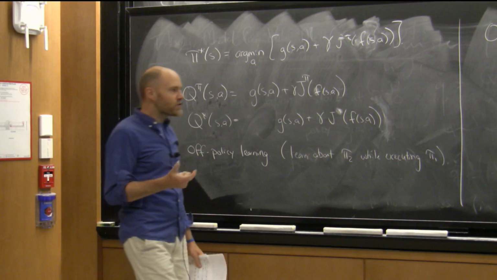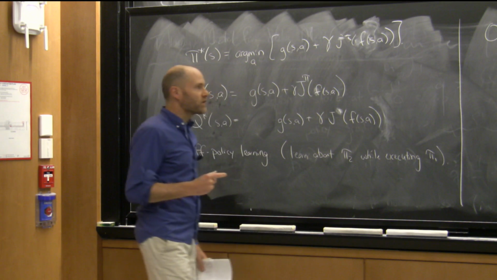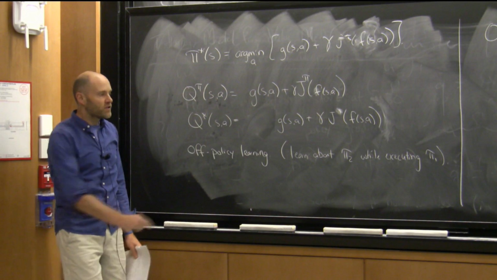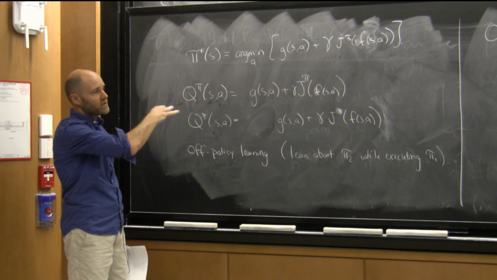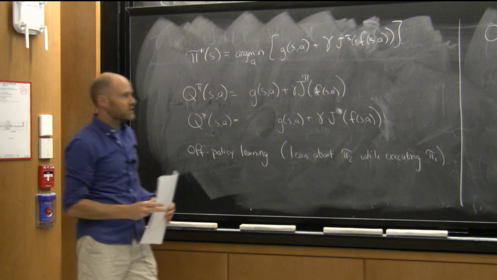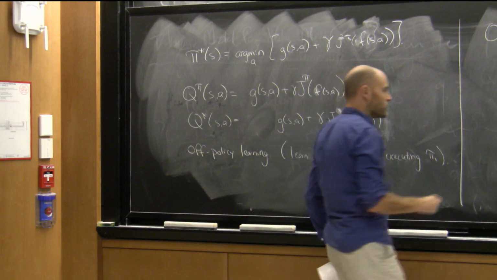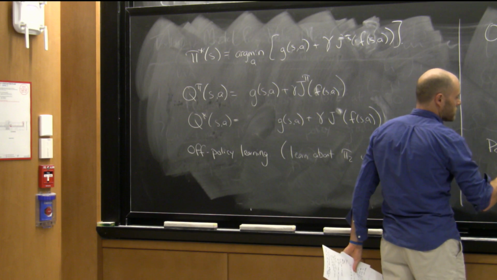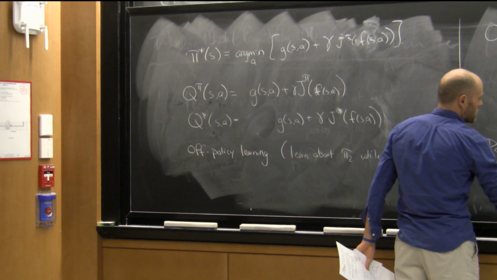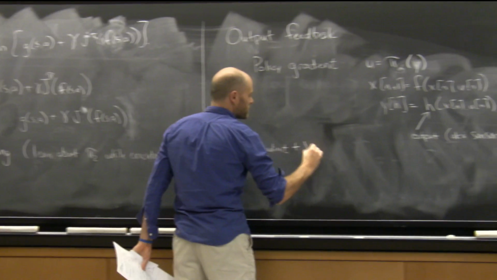But there's an interesting way to put these two together, which is a different way to use an approximate value function, called actor critic. It does policy gradient plus value methods.